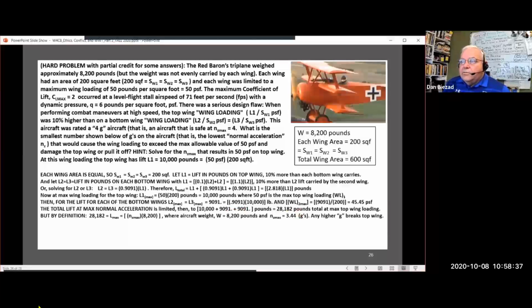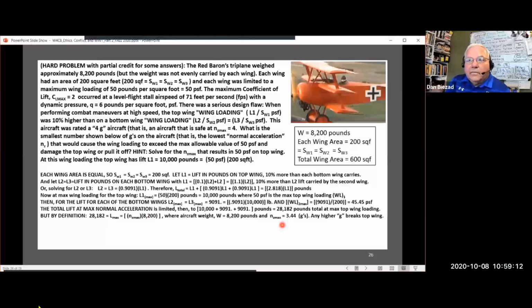And I know that equals the maximum lift, and the maximum lift is going to be equal to the number of G's times the weight. The maximum lift is NZ times W. I know that's 28,182. So I'm just going to divide by the weight and figure out what the NZ is. When I solve this for NZ, I end up with 3.44.